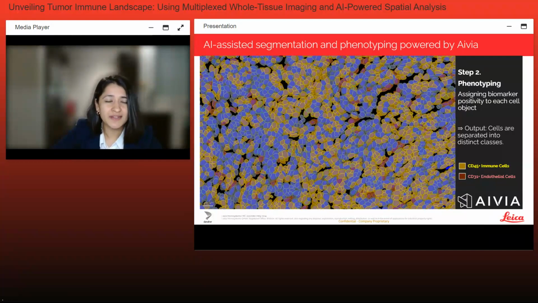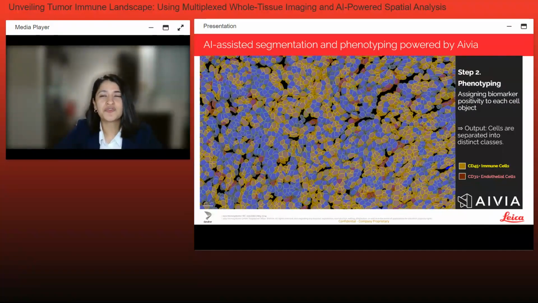For phenotypes like CD45 positive immune cells and CD31 positive endothelial cells shown here, it is fairly easy to classify them. But when we're looking at 25 plus biomarkers within the same study, especially where the same cells may co-express multiple markers based on the lineage it belongs to, it can get a little complicated.